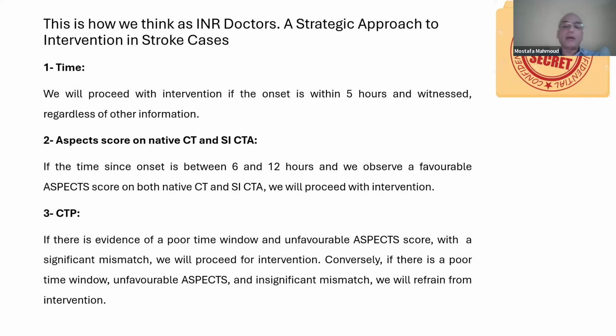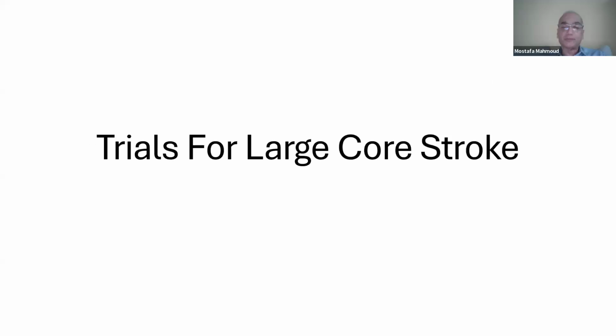Between 6 and 12 hours, or even more than that, if we observe a favorable ASPECT score of 6 and above on both native CT and source image CTA, we will proceed with intervention. CTP: if there is an evidence of a poor time window, unfavorable ASPECT score with a significant mismatch, we will proceed with intervention. However, if unfavorable ASPECT with insignificant mismatch, we will refrain from intervention.